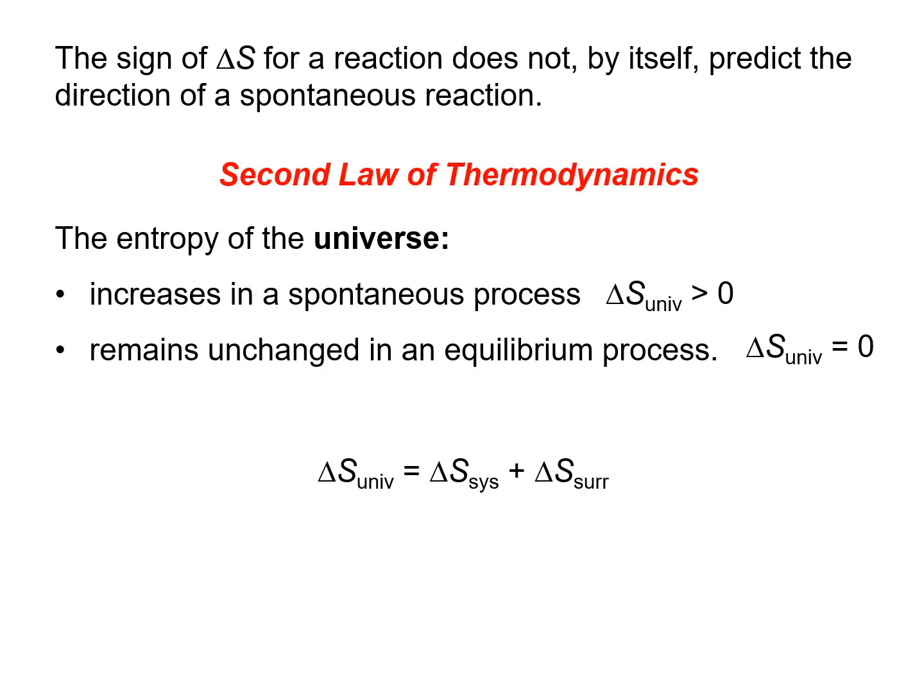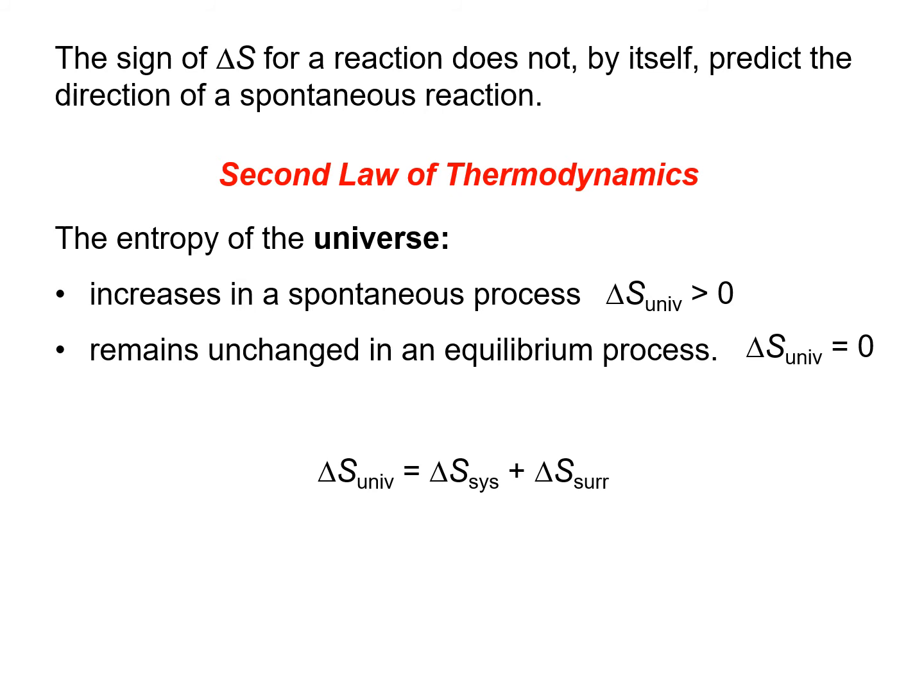So based off of now, we learned how we can predict the sign of delta S, but we still don't know how we can predict if a reaction is spontaneous or not. Okay, now to do that, we come to another concept, which is the second law of thermodynamics. And this law states that entropy of the universe increases in a spontaneous process.